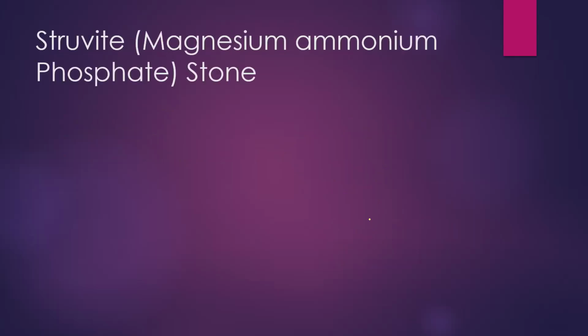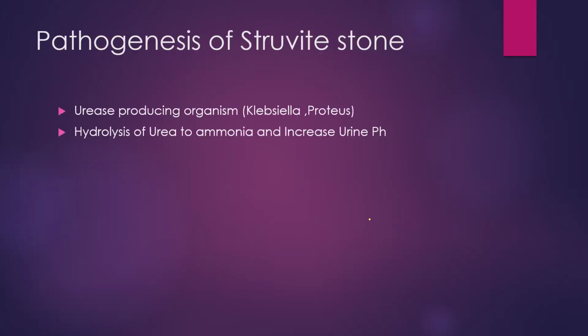Next, struvite, magnesium ammonium phosphate stones. They are caused by urease-producing organisms, typically Klebsiella and Proteus. They convert urea into ammonia, which leads to increased urine pH.